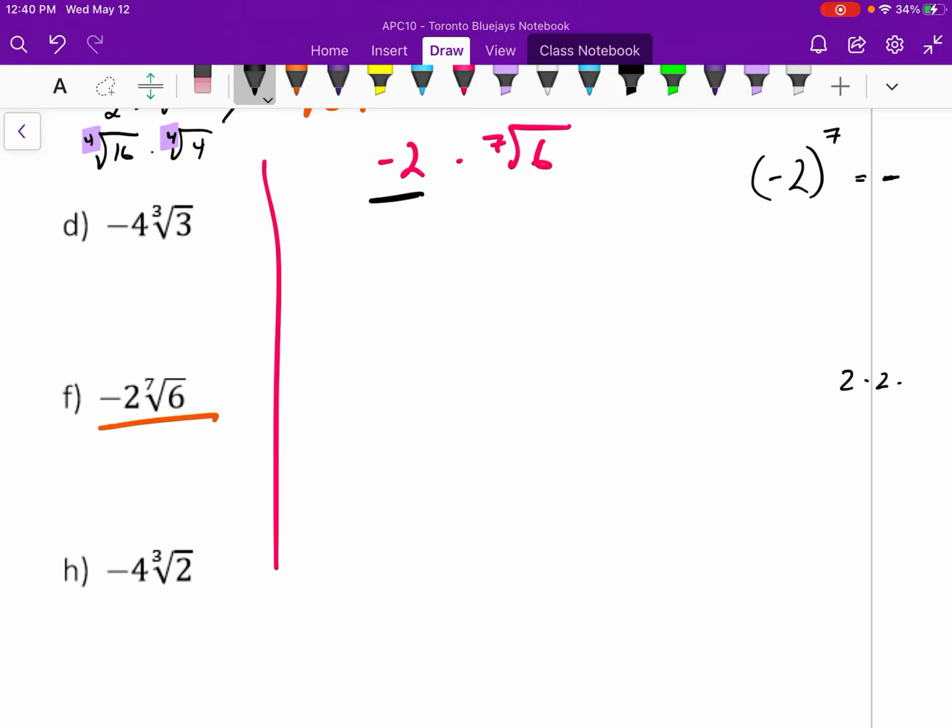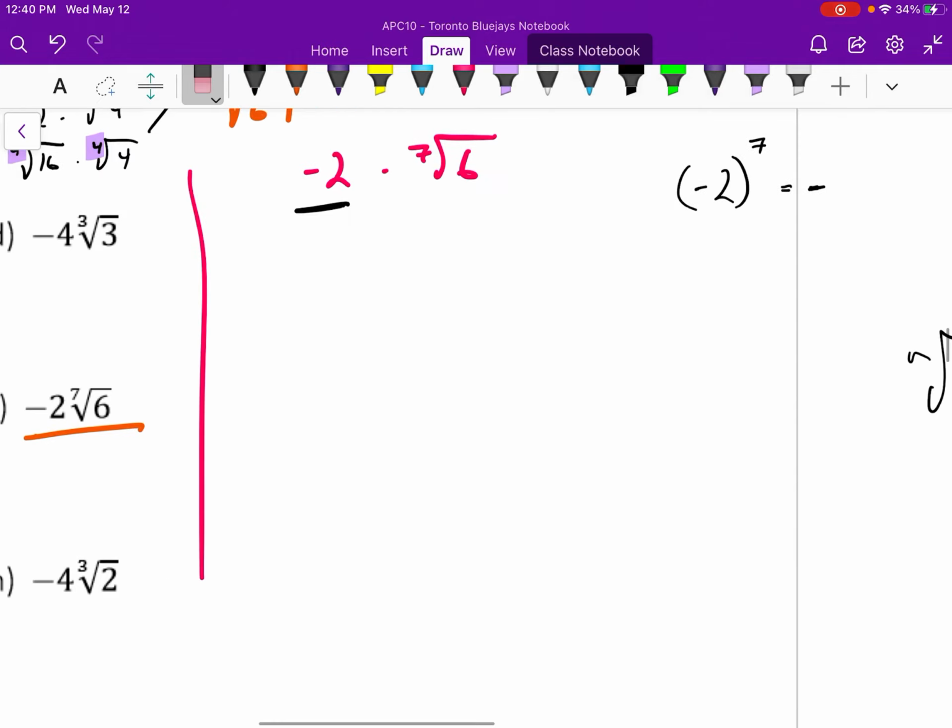Now 2 times 2 times 2 times 2 times 2 times 2 times 2, that's 1, 2, 3, 4, 5, 6, 7. So I know this is 4, 4, and 2 times 2 times 2 is 8. So this is just multiplying, 32 times 4, and I believe this is going to be 128.